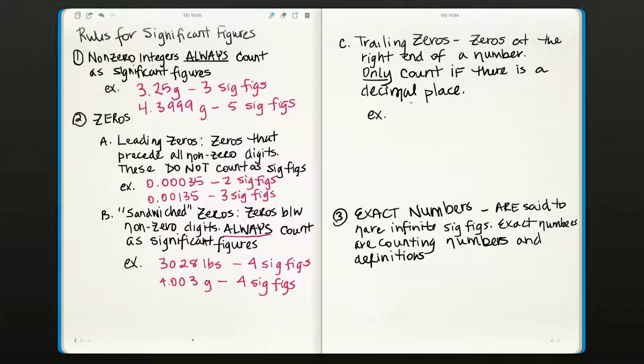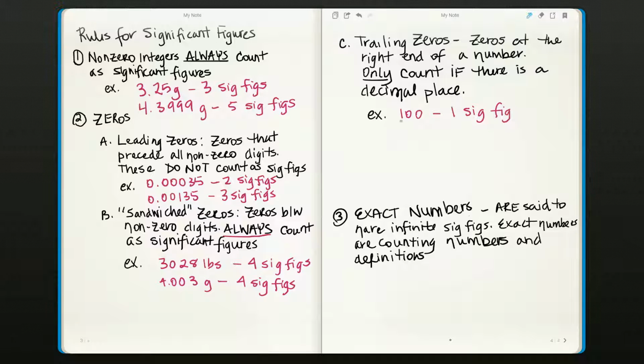Trailing zeros. So trailing zeros are zeros that are at the right end of a number. These only count sometimes. So they only count if there is a decimal place. So a few examples on this one. So 100 is only 1 sig fig. There's no decimal place.